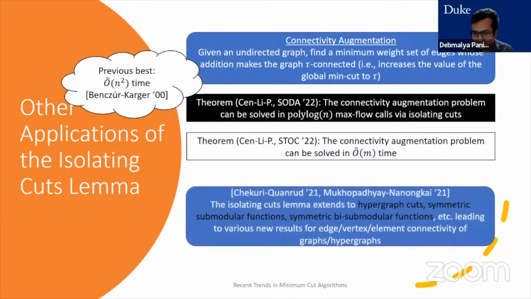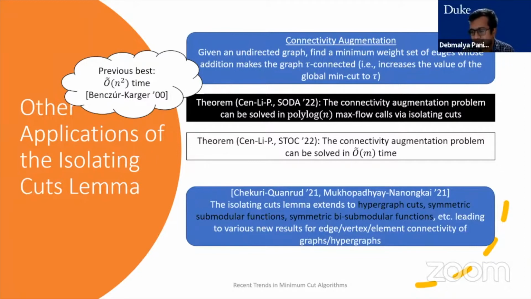And then isolating cuts has been used by other researchers, for instance, in these two papers by Chekuri and Quanrud and Mukhopadhyay and Nanongkai. And they have extended isolating cuts to things like hypergraphs, symmetric submodular functions, symmetric bisubmodular functions, and so on, with the purpose of using it for things like element connectivity of graphs and hypergraphs.